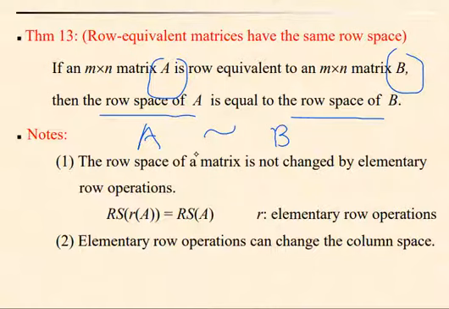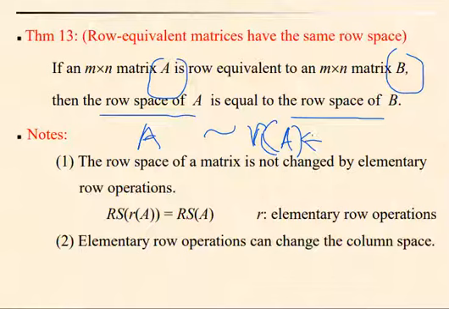Let's denote the row reduced one by R(A). Here A is a given matrix, and you can perform row operations to reduce this matrix to the row reduced matrix.